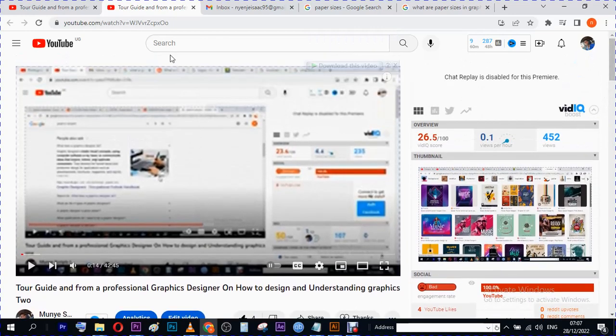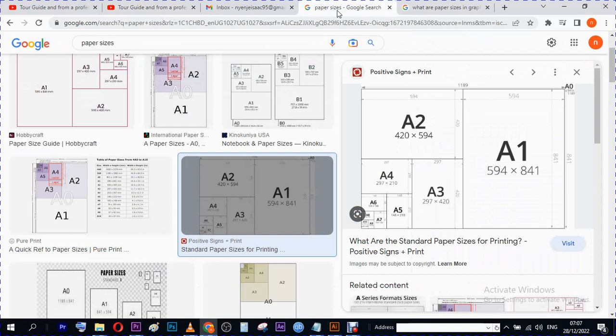So back to our topic. If we go back to the different paper sizes, now let us try to understand them. The paper size that you may or may not be familiar with, but which is the standard paper size you usually find in the printing industry, is the A4.